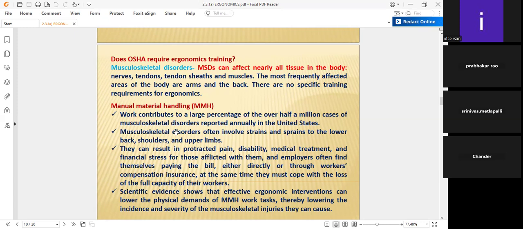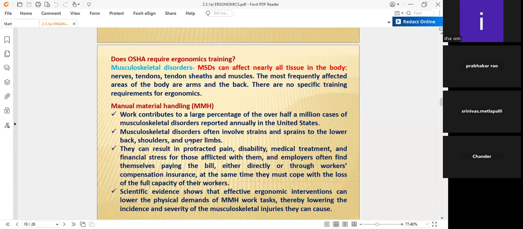Due to human errors or the posture of the employees, this factor will definitely be more, thereby involving strains and sprains to the lower back and shoulders. Lower back means the bottom of the spinal cord. Shoulders and upper limbs also involve strains.